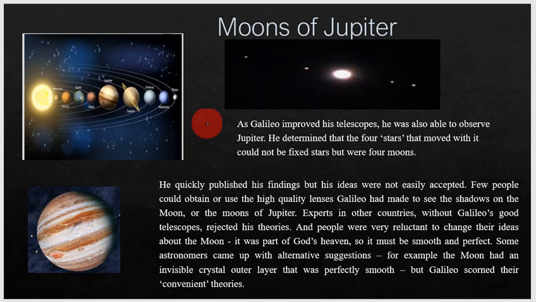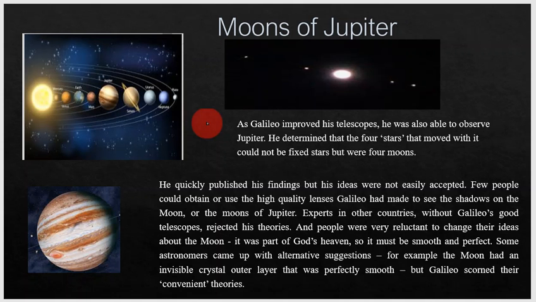So again, lenses weren't as readily available as they are today. Experts in other countries, without Galileo's good telescopes, rejected his theories. They weren't able to see the same things that he was able to see with the good lenses that he had.